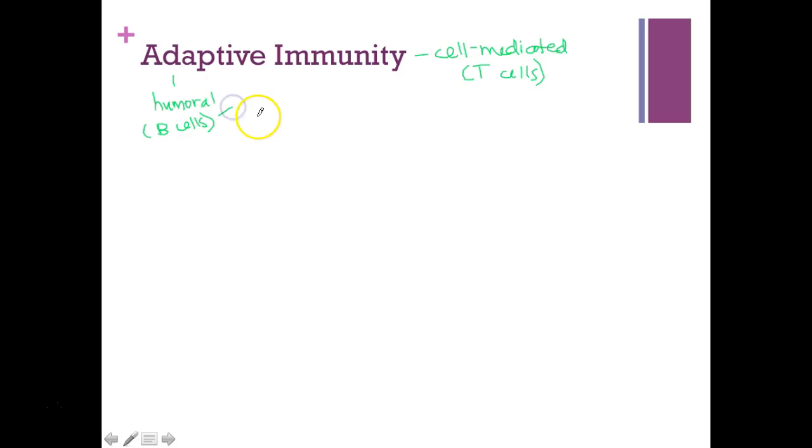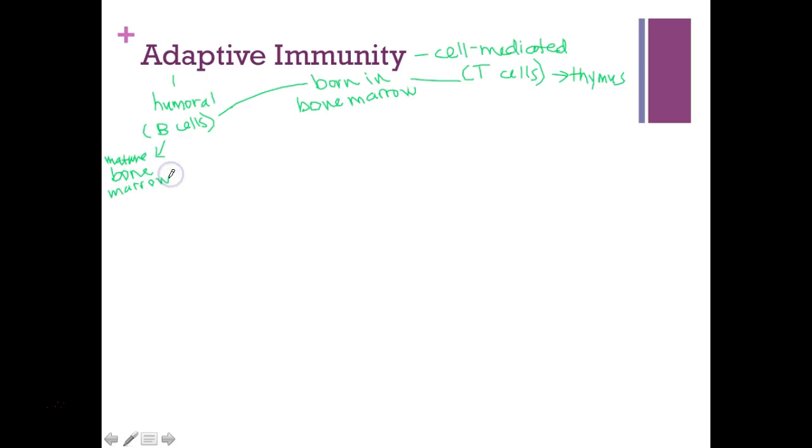Well, if you remember from our cardiovascular lecture, our B cells and T cells are born in bone marrow. And then they have to mature. Where do they go to mature? Our T cells are going to mature in the thymus, and our B cells are going to mature right in the bone marrow.